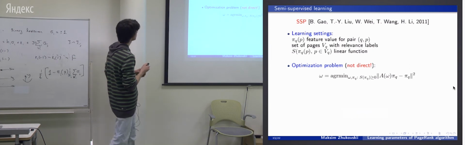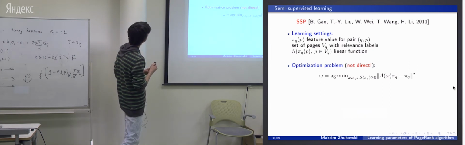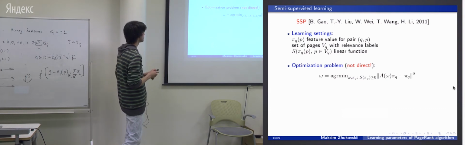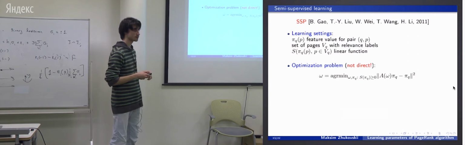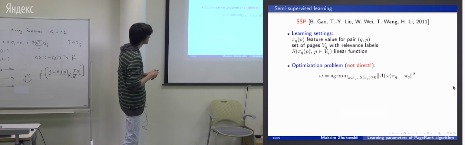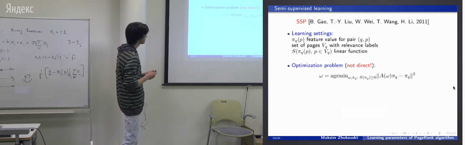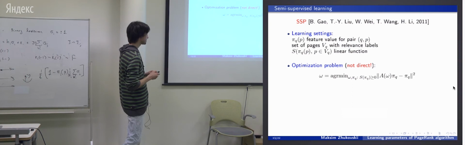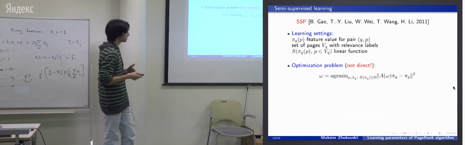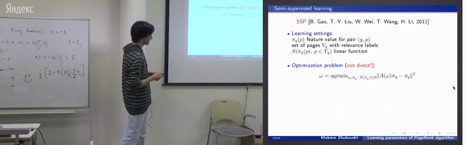So they have pi q of p is PageRank, is our feature value, and s is some linear function of the values of the PageRank. And they consider the following optimization problem. So they find such omega and pi that this difference is minimal and s is non-negative. So it is not PageRank, but it's approximately PageRank.